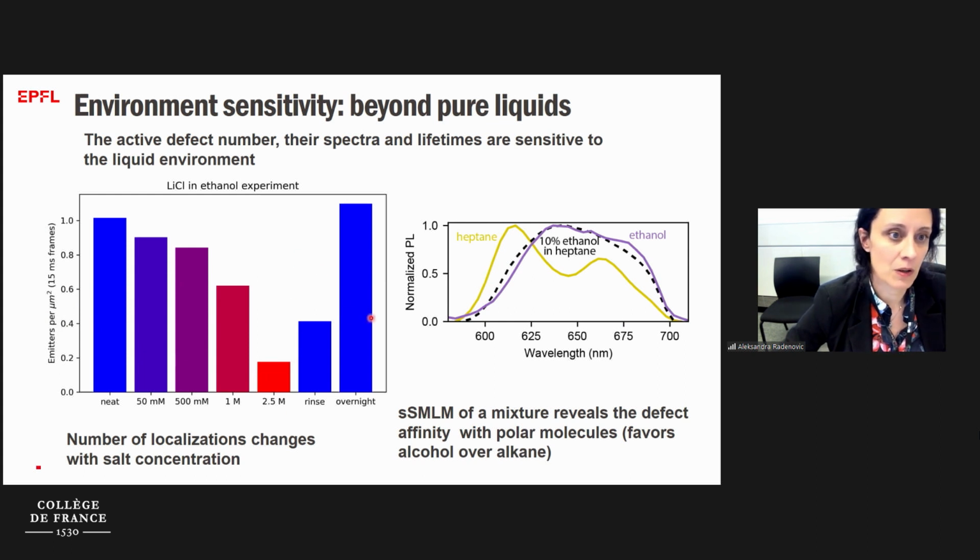The activity can be completely reinstated after thorough rinsing and leaving the system overnight. As well, with spectral single molecule localization microscopy, we can also see the wavelength dependence for the mixtures.